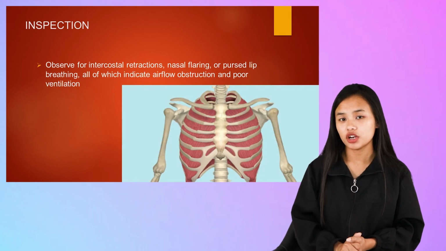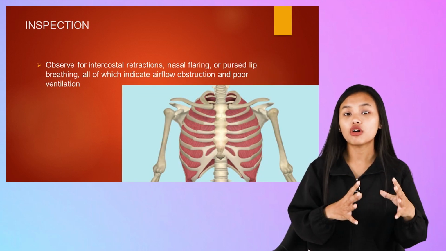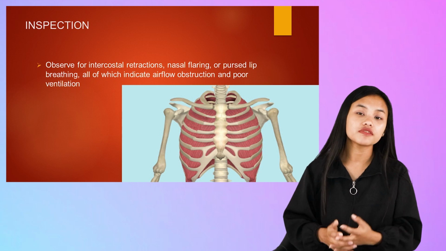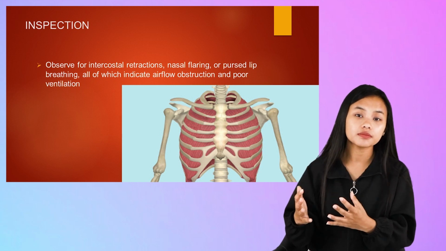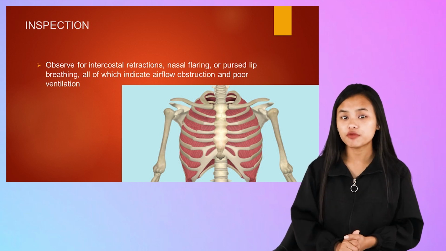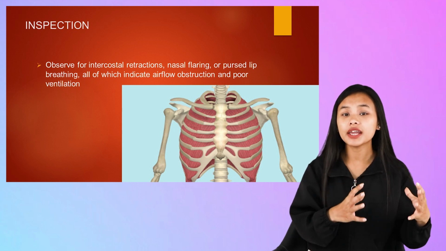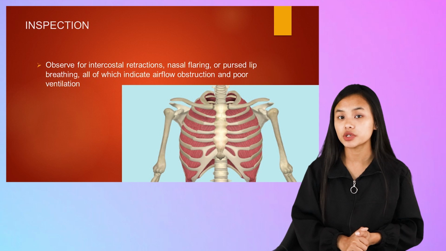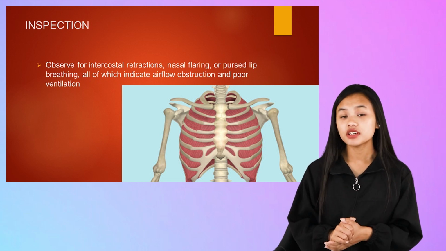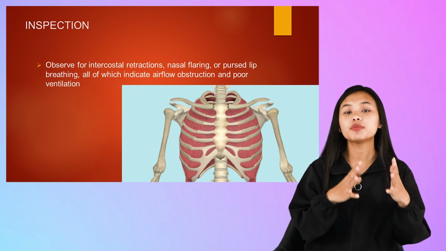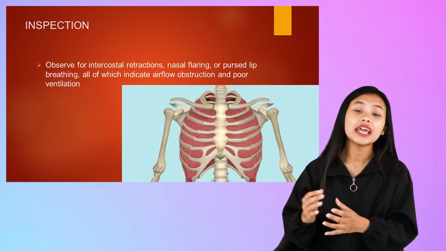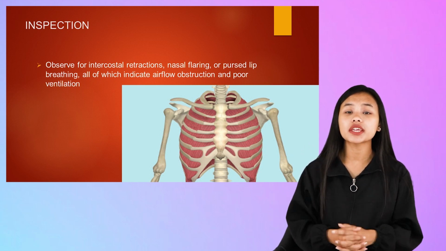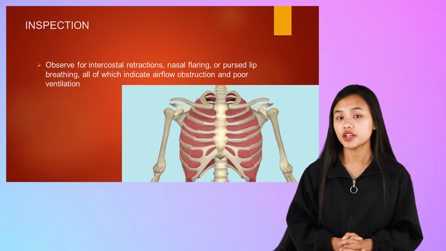You must also try to observe if there is presence of intercostal retractions, nasal flaring, or pursed lip breathing, because this will serve as an indication that there may be presence of obstruction in the airway or can be caused because of poor ventilation.